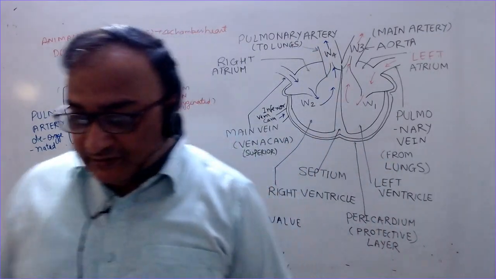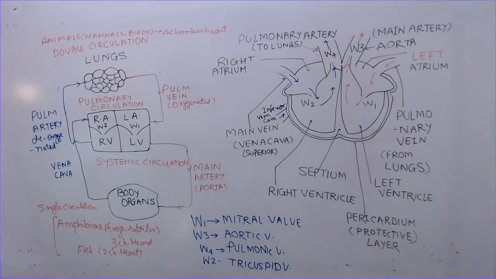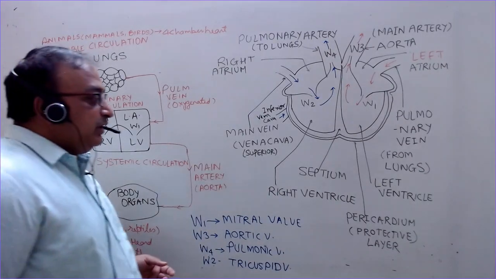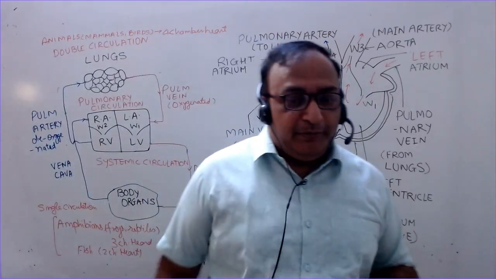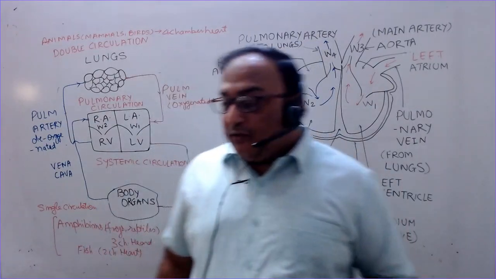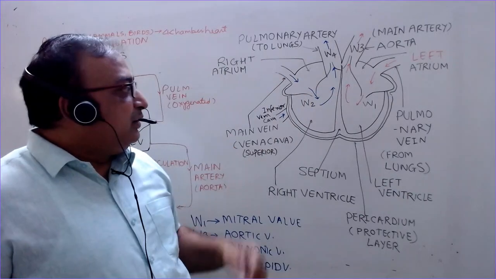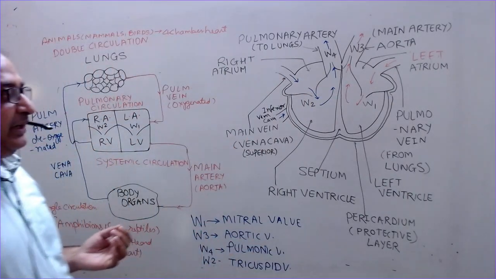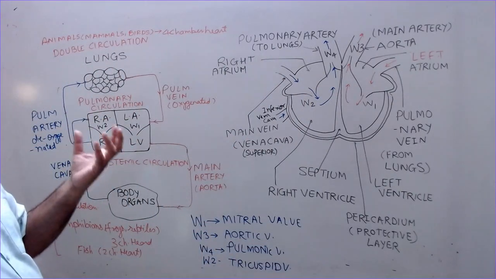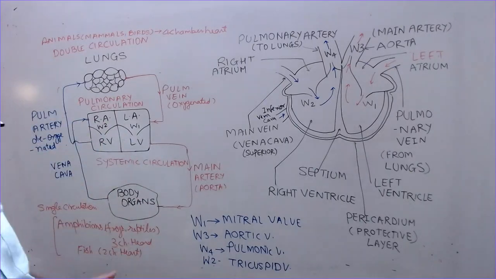So this is the functioning of the human heart. And there is one more term called the heartbeat. What is a heartbeat? The chambers I have mentioned here are contracting and expanding in a rhythm.